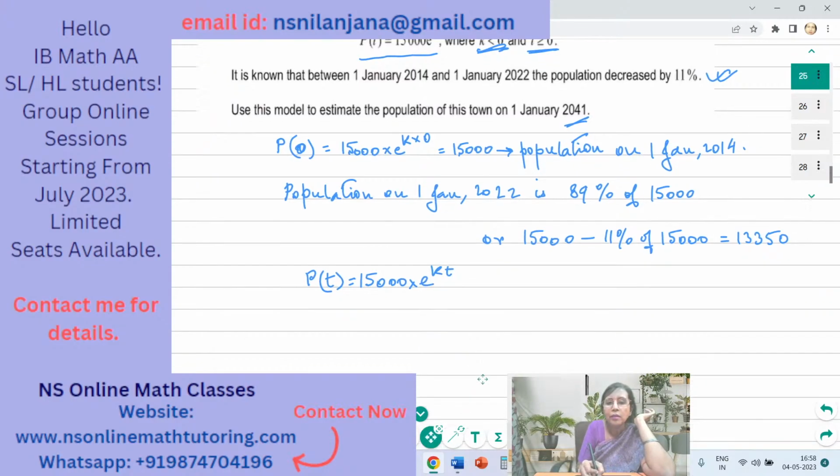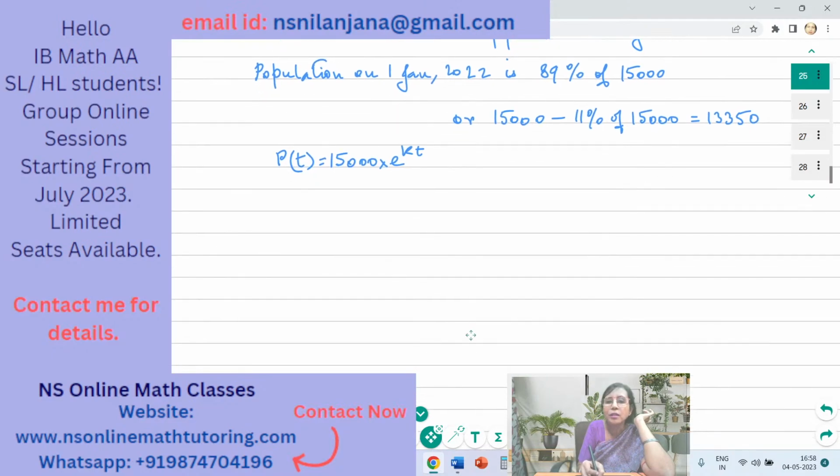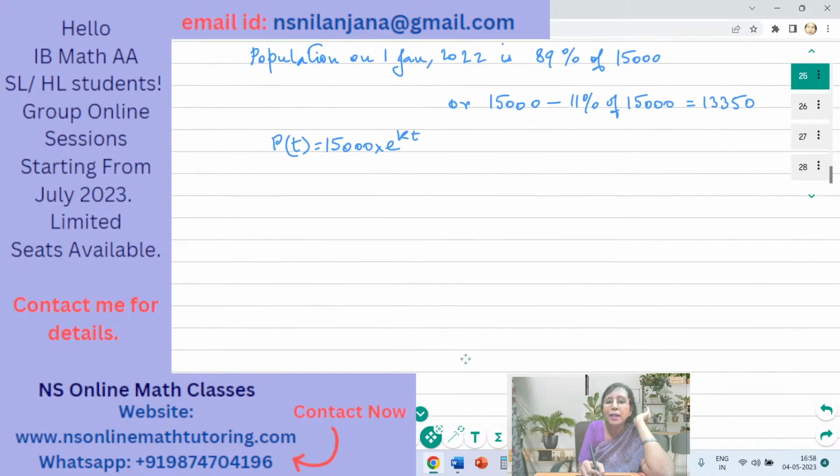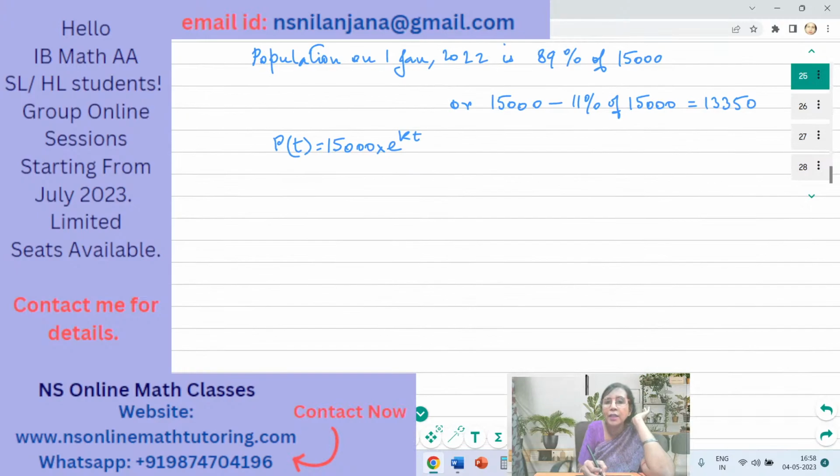Okay, now we will be substituting. We have seen that the t value is 8 from 2014 to 2022. Value is 8 complete years. We will be substituting. It is 13350 equal to 15,000 times e to the power of k times 8, or 8k.